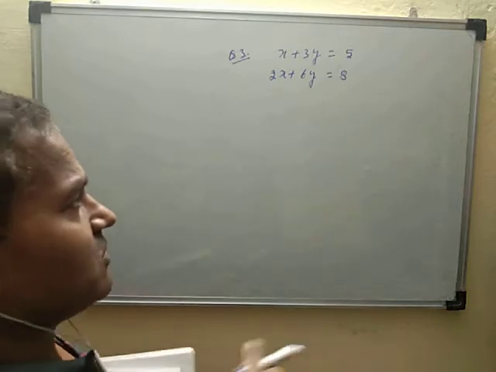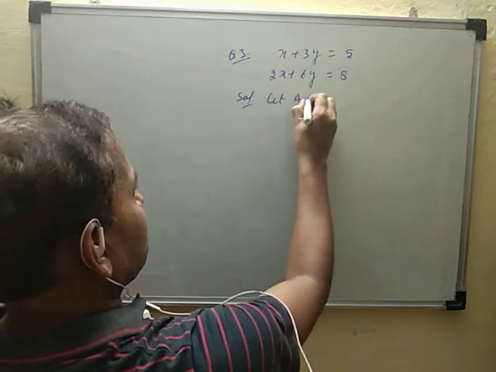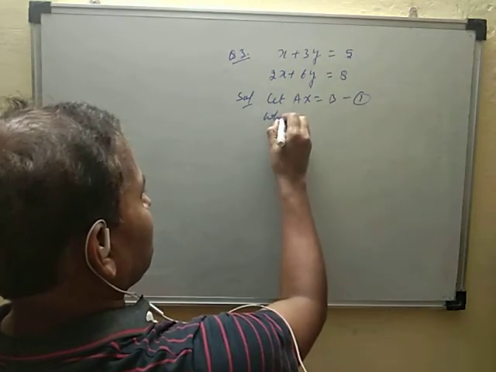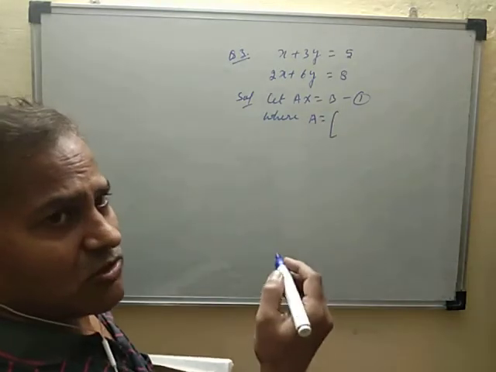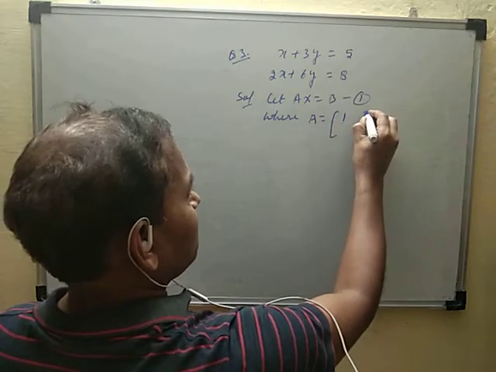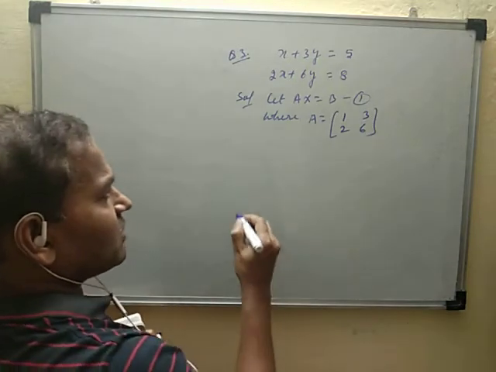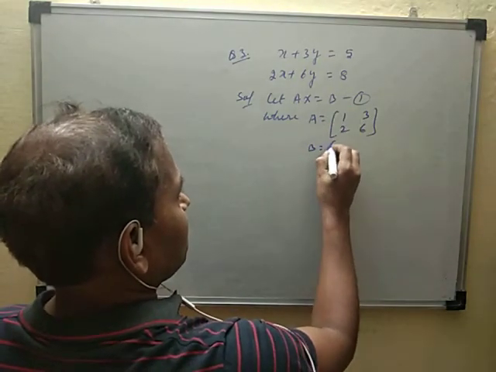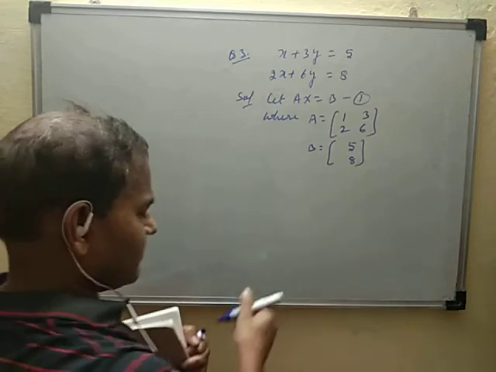So first, let AX is equal to B, where A is the coefficient of the variable terms, that is 1, 3, 2 and 6, and B is the constant term, that is 5 and 8.